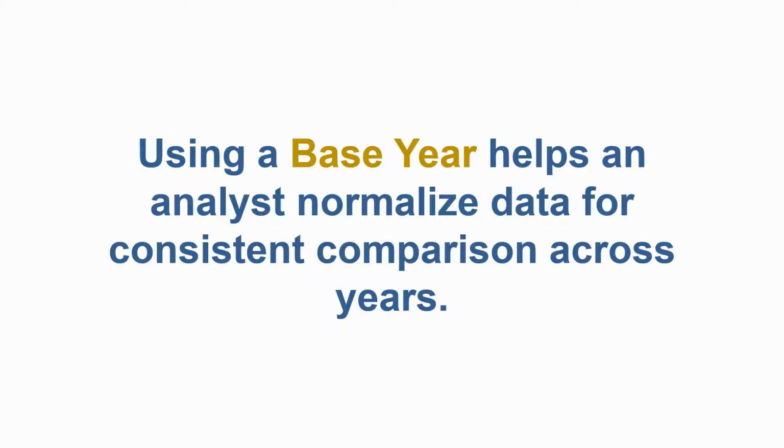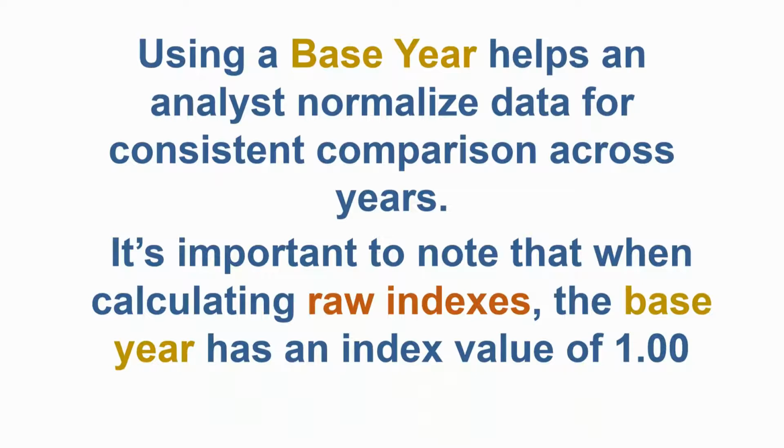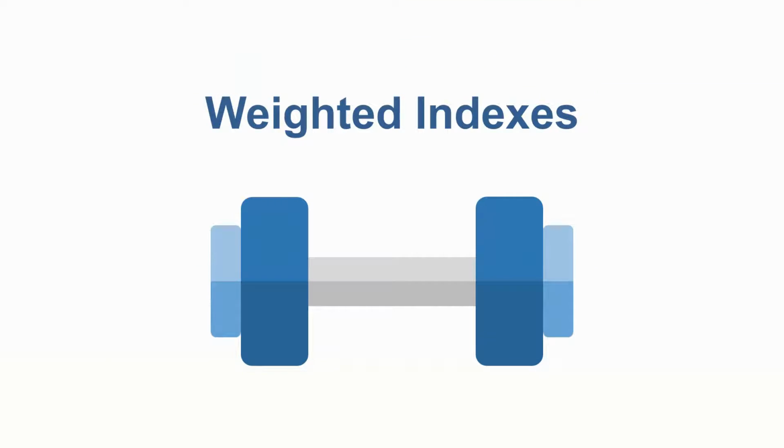If we had a period of 20 years that we wanted to calculate an index for, and we wanted to compare everything relative to the first year, then that first year would be our base year. We should also note that when calculating raw indexes, the base year always has an index value of 1. Now that we've gone over definitions and explanations, let's open up Microsoft Excel and review how to develop a weighted index.